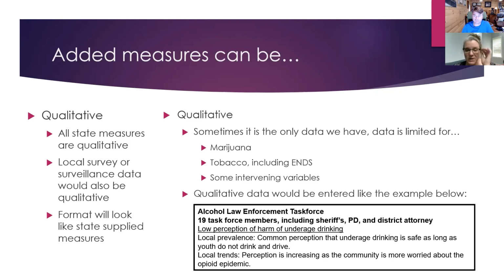And so this example shows you had a task force meeting with alcohol law enforcement. You included your key task force members, which are pretty similar to what you would hope to have on an alcohol law enforcement task force. It's got the sheriff's department, the police department, it's got your people from your judicial.